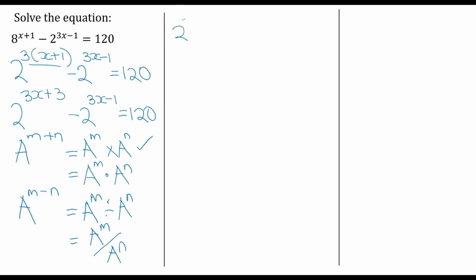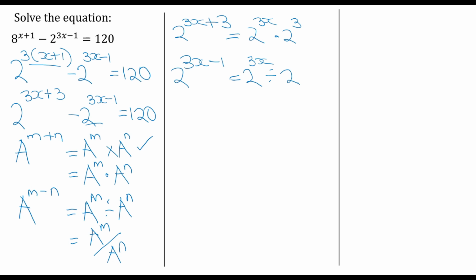2 to power 3x plus 3 can as well be written as 2 to power 3x multiplied by 2 to power 3. What about this one? 2 to power 3x minus 1 is the same as 2 to power 3x divided by 2 to power 1, which can be written as 2 to power 3x over 2.